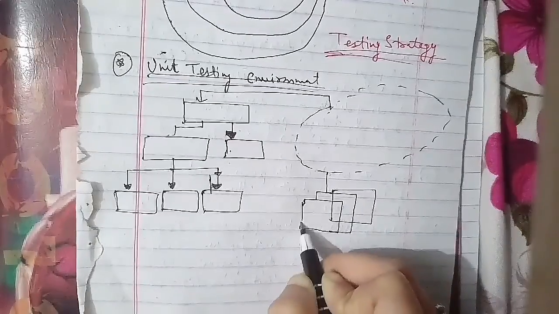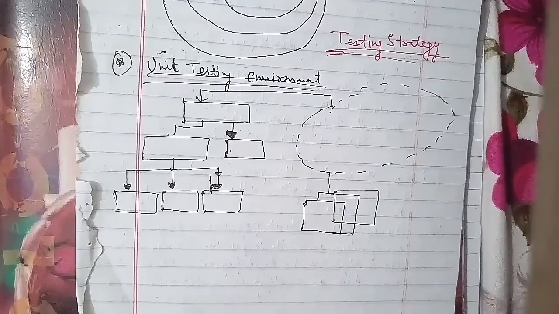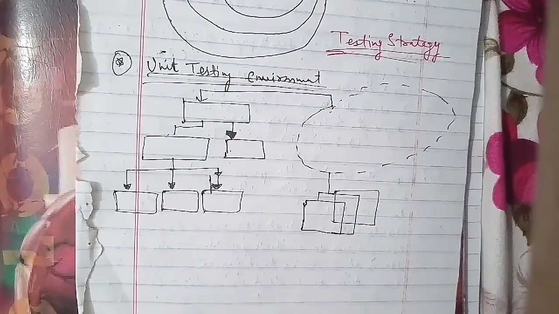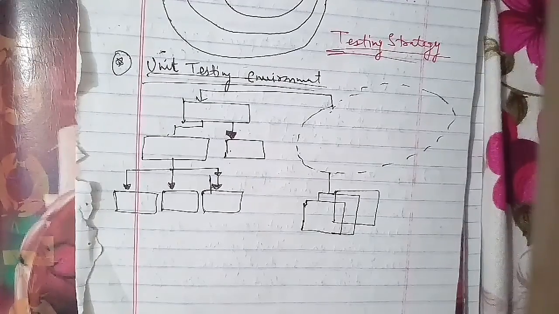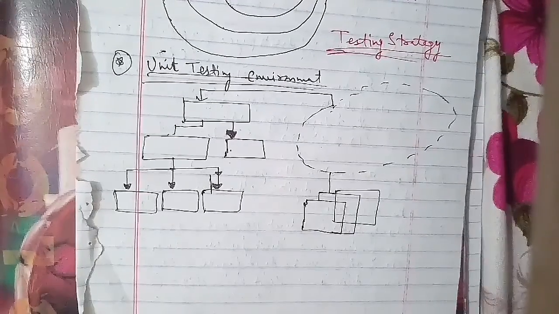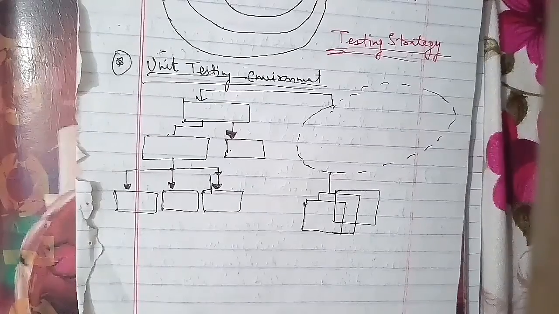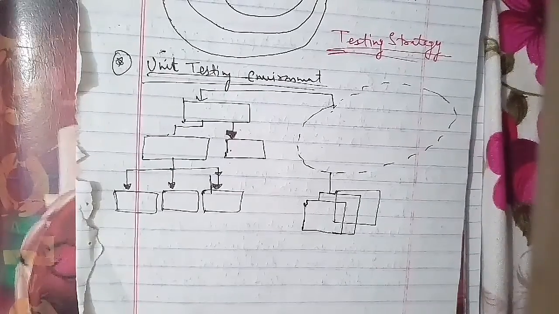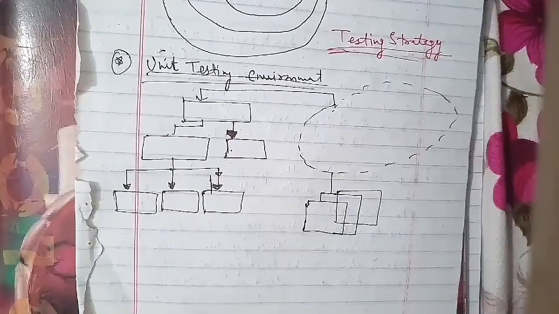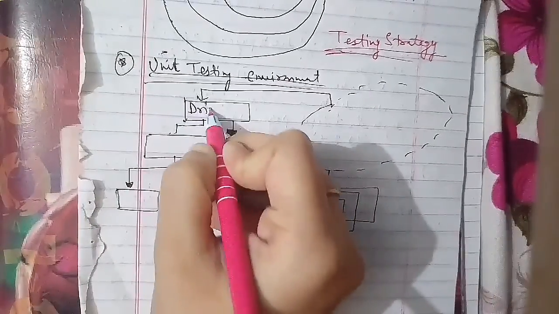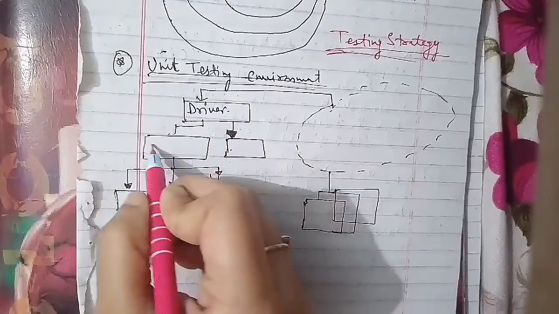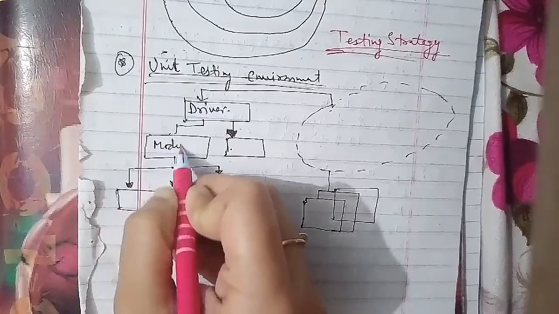It has the driver, which is divided into a module, and this is the results. The module is divided into two, that is a stub. This is the interface, local data structures, boundary conditions, independent paths, and error handling paths. I'll write it down for you all.